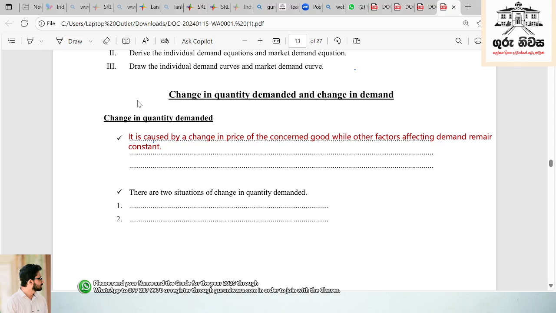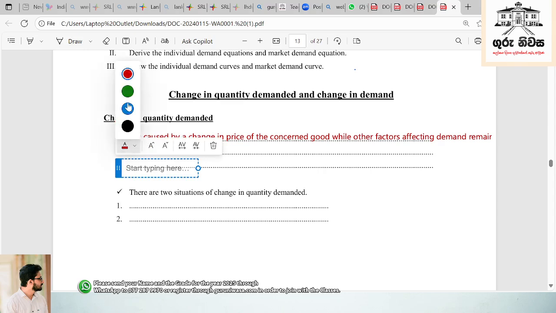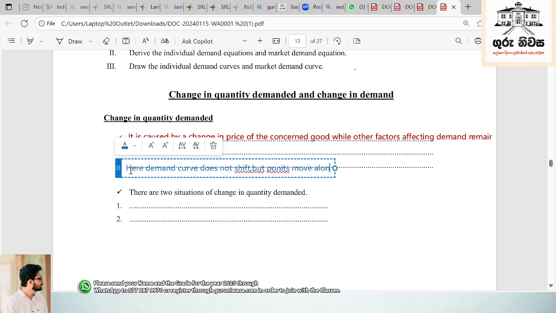Then next point, write down. Here, the demand curve does not shift, but points move along the demand curve.